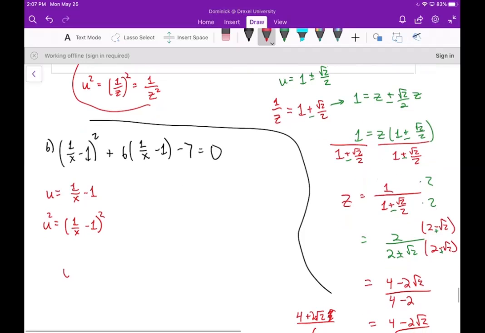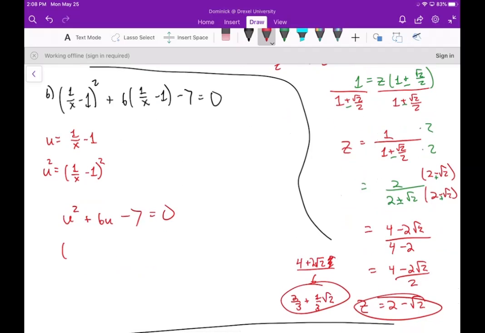So then the equation becomes u squared plus 6u minus 7 is equal to 0, which we can factor as u plus 7 times u minus 1. So we get u is equal to negative 7 and u is equal to 1.